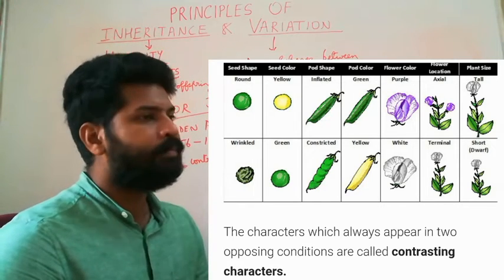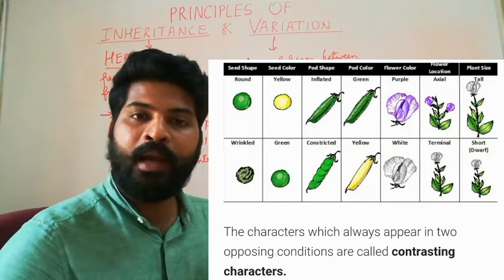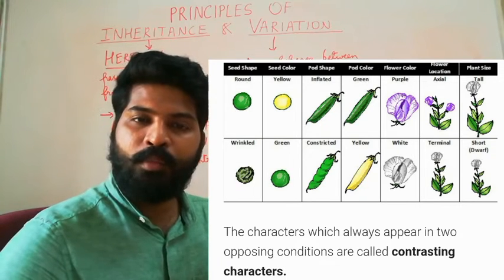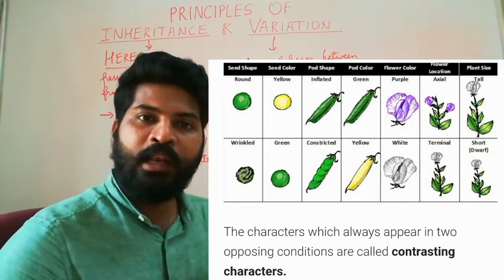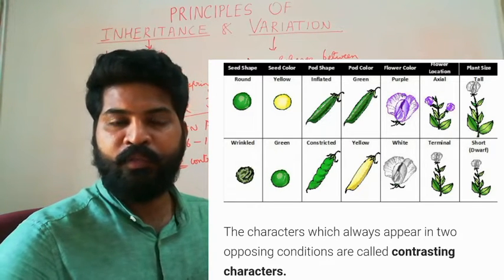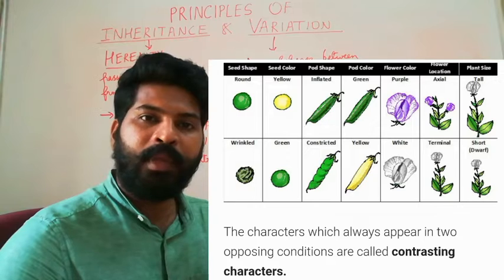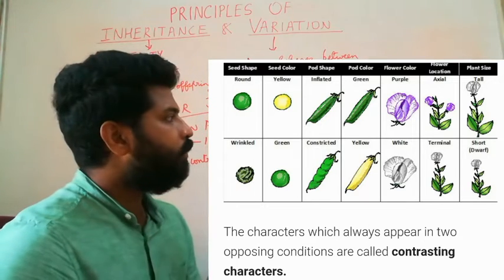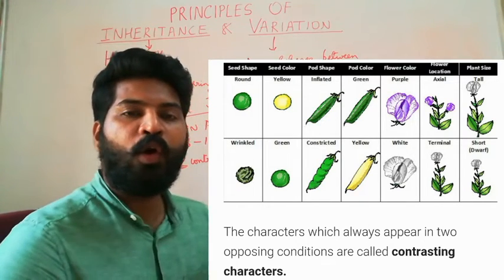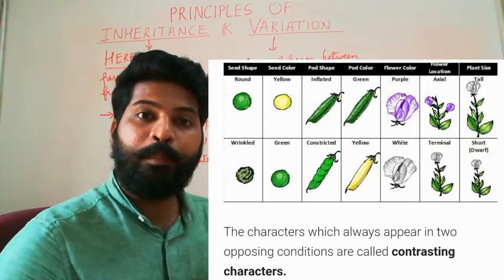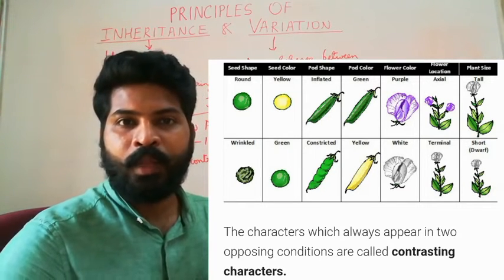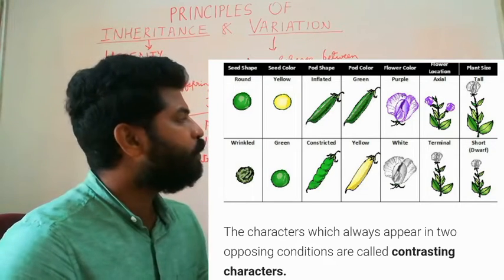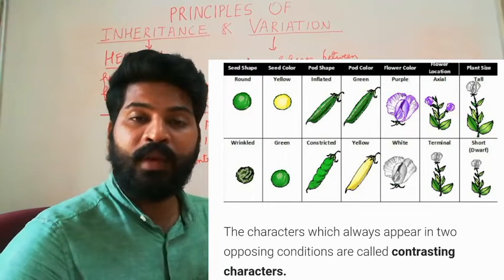If you look at the pod shape and pod color, whether the pod is inflated or wrinkled, whether it is yellow or green. If you look at the shape of the pea, the fruit, whether once again it is yellow or green, and whether the pea is round or wrinkled. Not only that, we also look into the color of the flower.